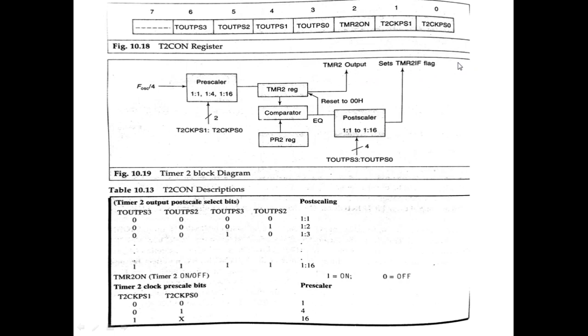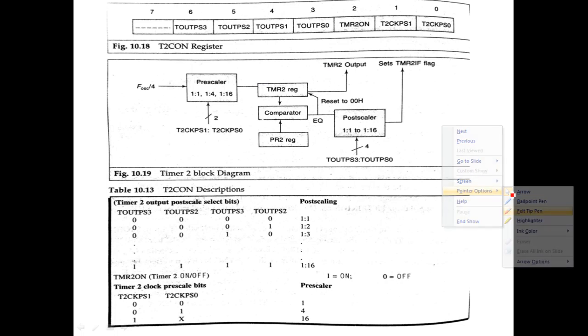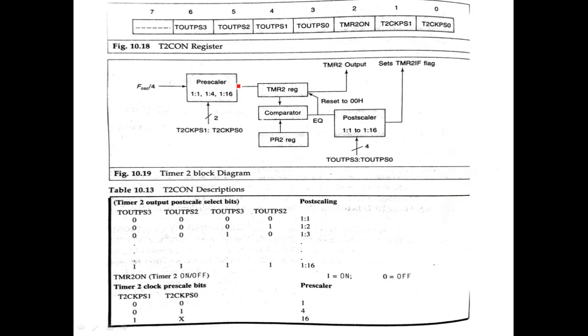Even though this register is an 8-bit register, there is a prescaler. So this is 8-bit, which we are currently using, and there is a prescaler, and the output of this is given out here. This is the output of timer 2, which is used by the CCP module.